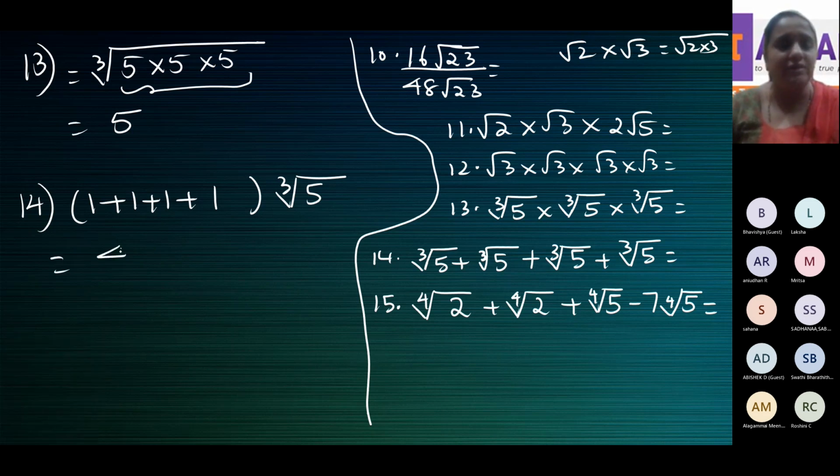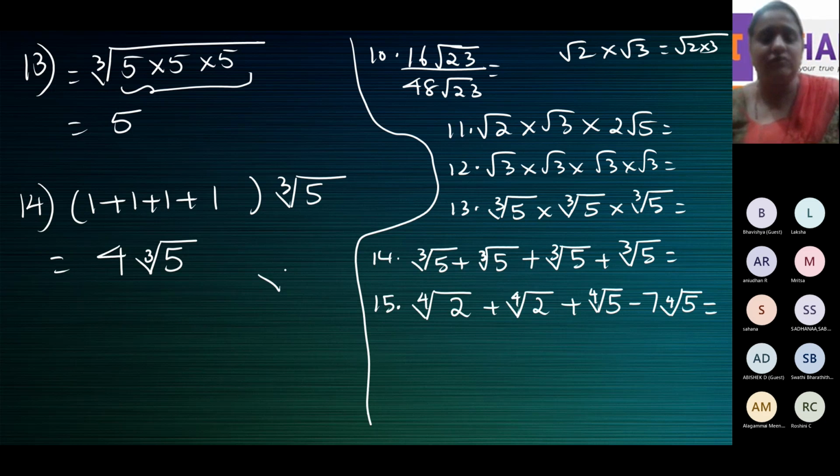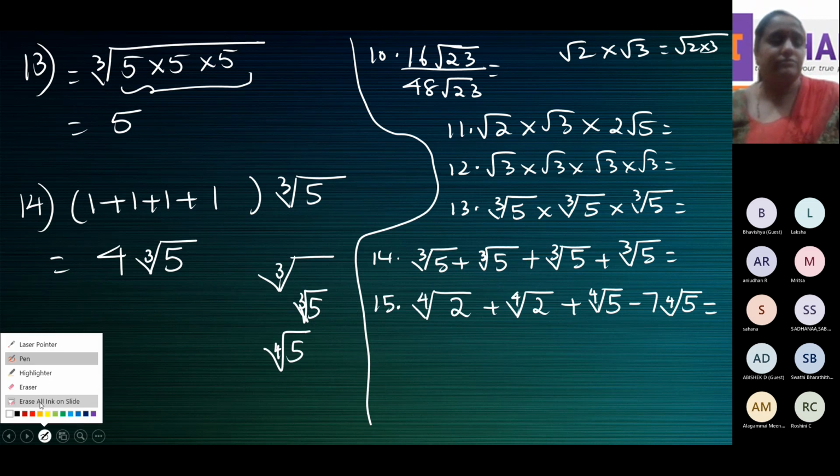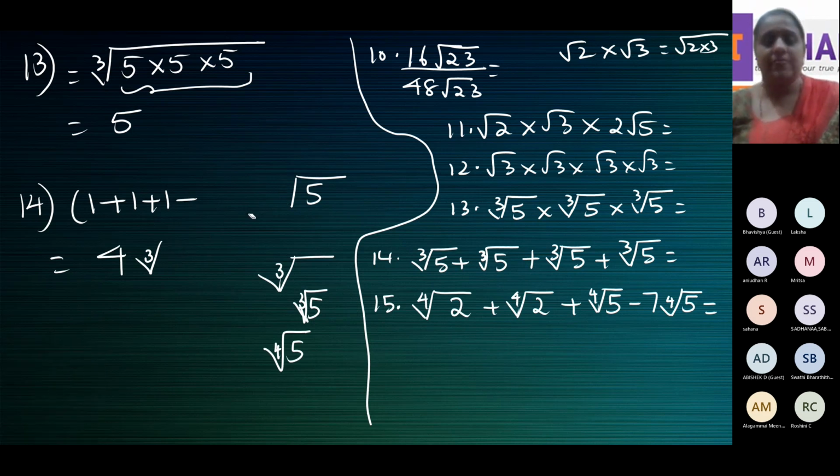Here it should be 3 of 5. Put the V wider so that you can put the 3 inside. Don't write like this and put 3 here. Give that space for 3 or whatever number to be written, give that space. So 4.